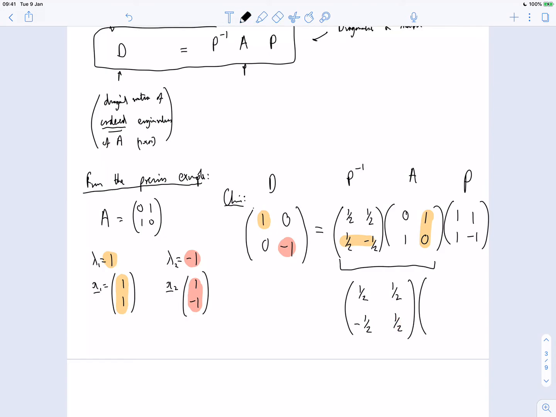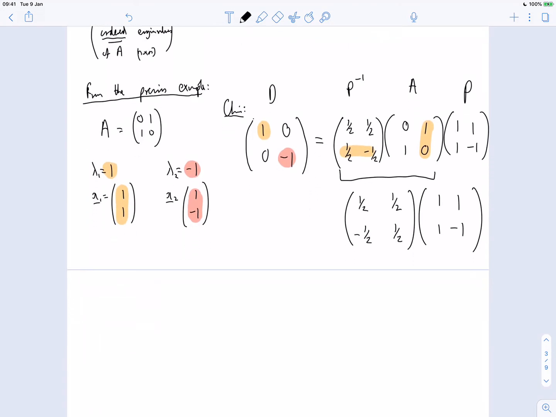Now to complete this, I've got to multiply this by 1, 1, 1, minus 1. So what will these two matrices get when you multiply them together? Well, they're going to create a 2 by 2 now. So first row, first column, I'll have half times 1 plus a half times 1, so that's a half plus a half, which is just a 1.